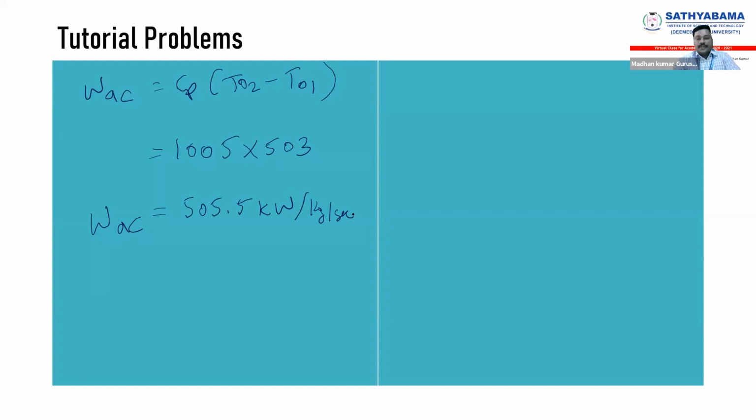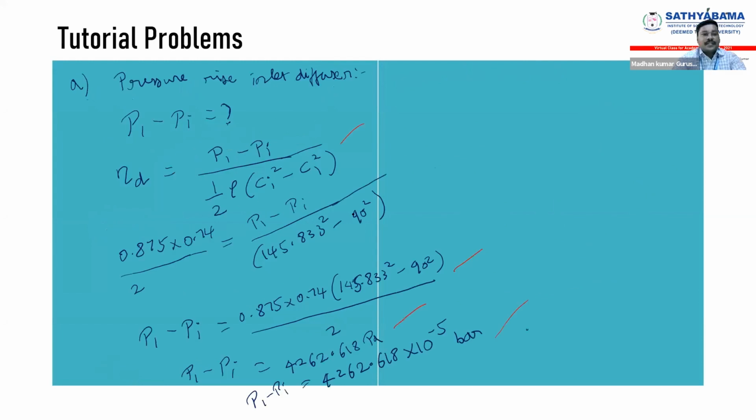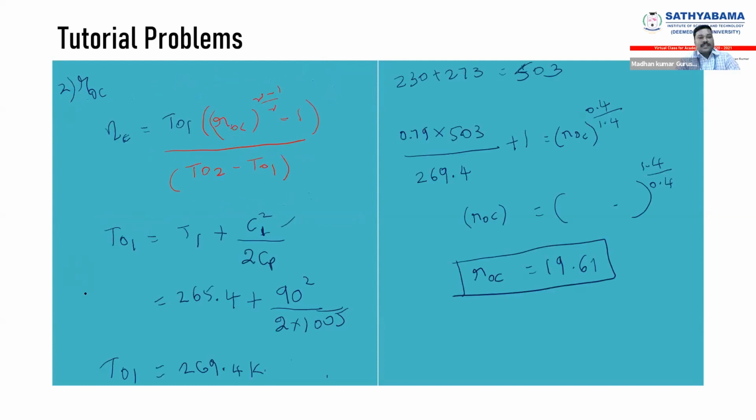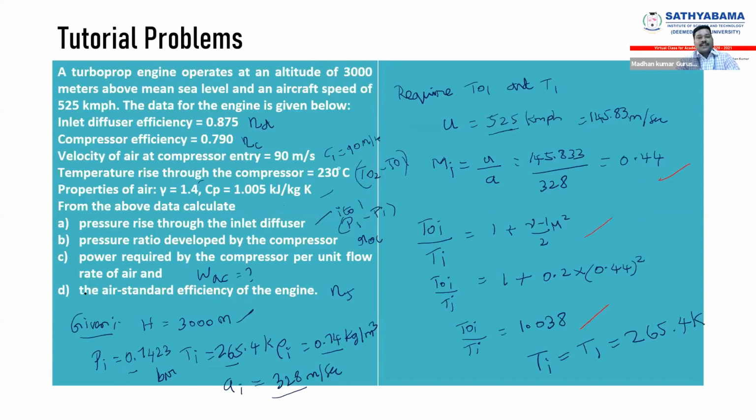So this is the work done on the compressor. So we have finally finished the C part, and finally we are going for the D part. So what is the D part? It explains the air standard efficiency of the engine, right? You have to find the air standard efficiency of the engine, right? What is the formula for air standard efficiency?